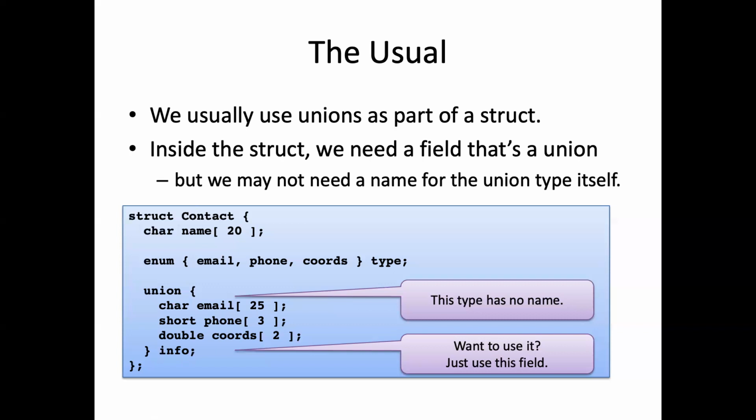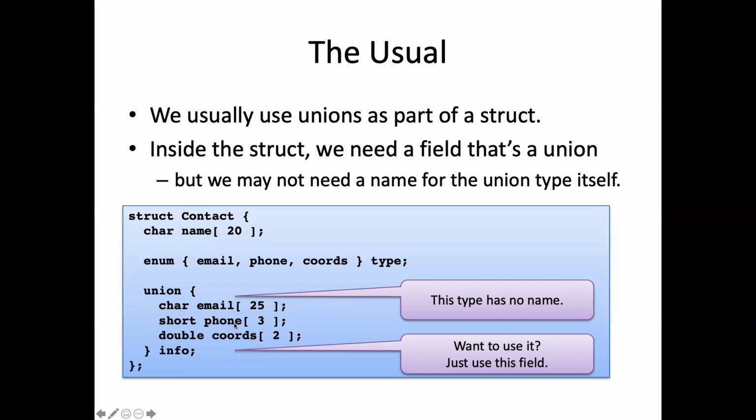I would say my plan is I'm never going to use this union anywhere except inside this struct. If I'm talking about an instance of the struct, I can still say .info, and that's talking about its info field. And since its info field is a union, I can say .info.email to get to the email part of the union, or .info.phone to get to the phone array in the union.